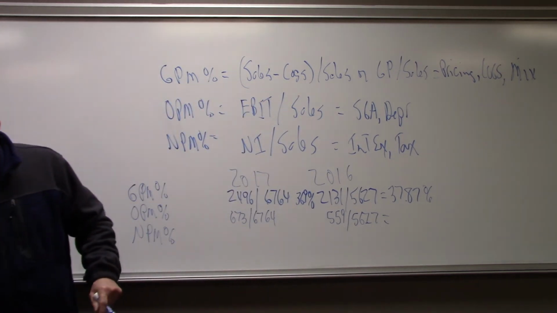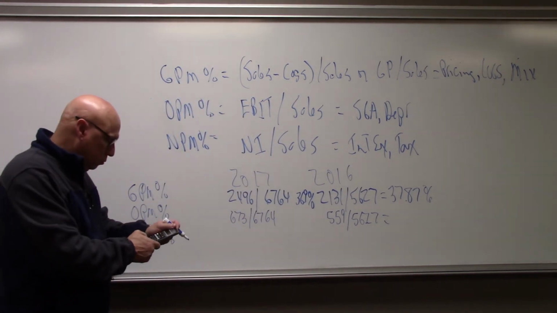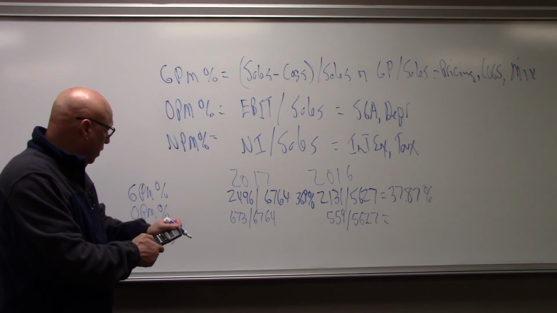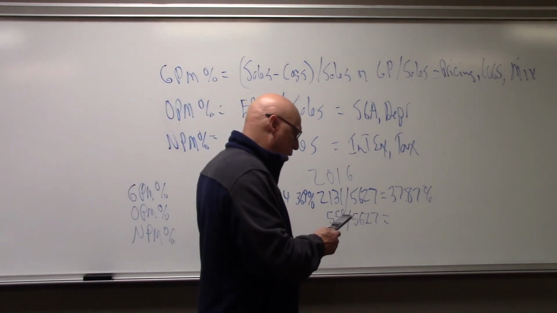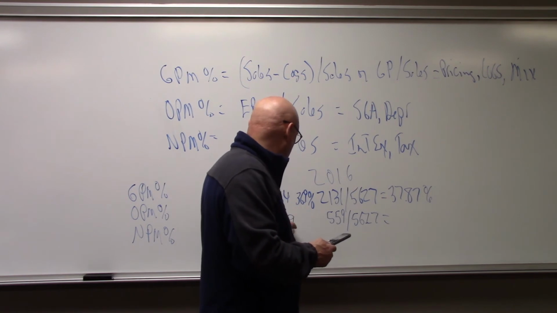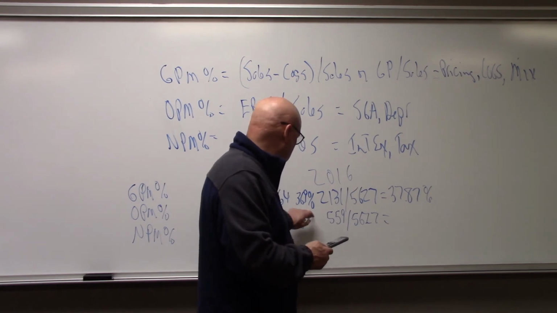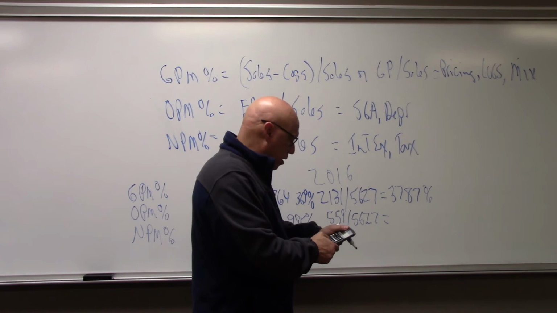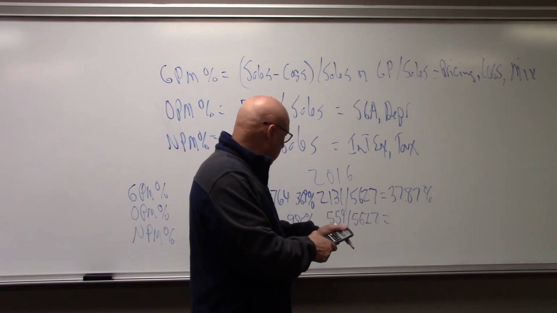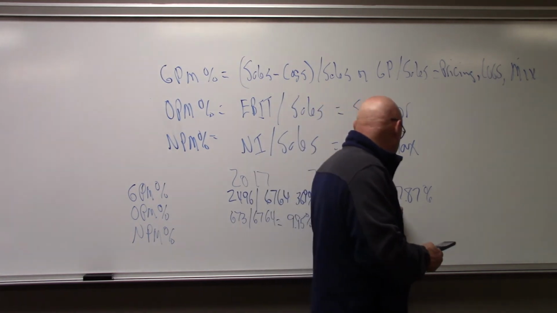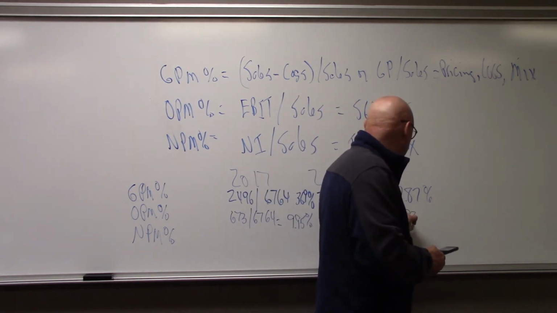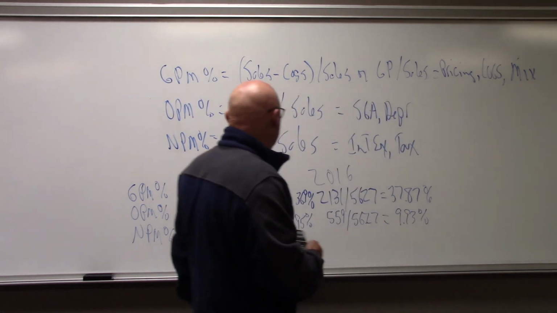And let's calculate that out. 673 divided by 67.64 is 9.95%. And 559 divided by 56.27 is 9.93%. So not a lot of movement there.